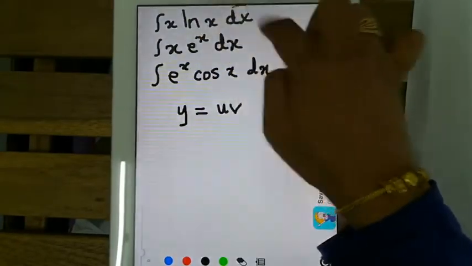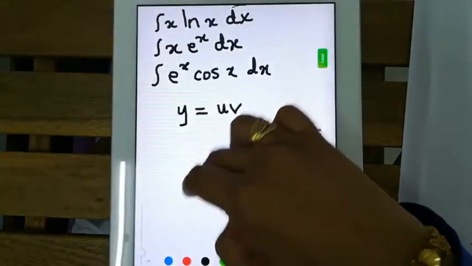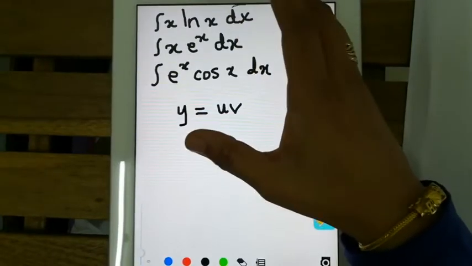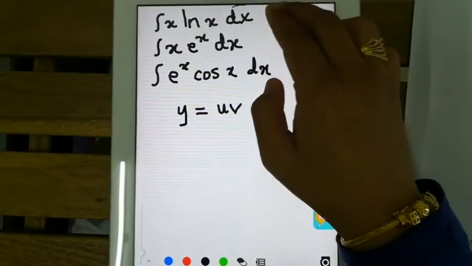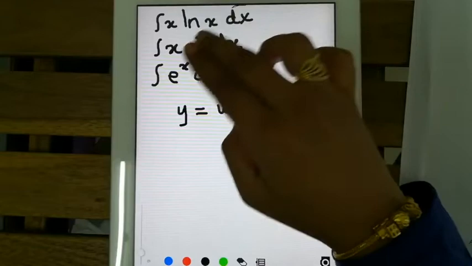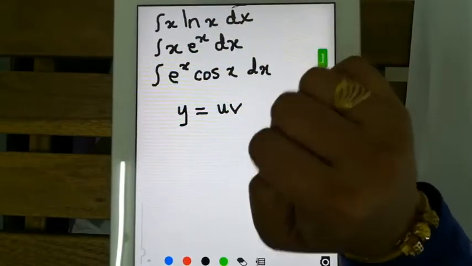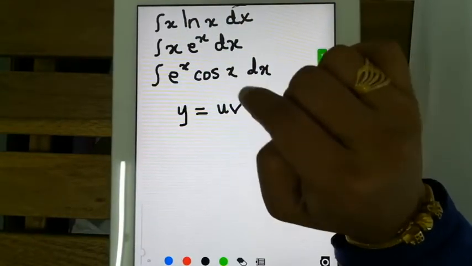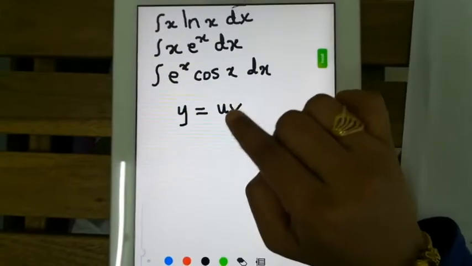So basically, these examples show that we have two functions that are multiplied to each other, which means that you can use integration by parts.